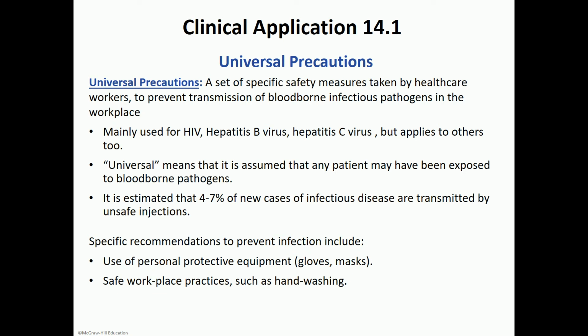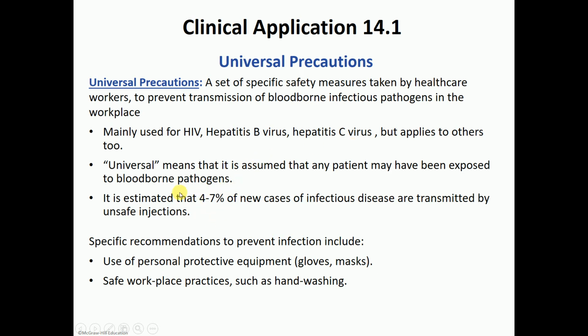Okay, so you are going to put these standards into place whether the patient is known to have an infection or not. So regardless of the patient you're dealing with, you're going to be using gloves. You're going to implement all of these recommendations. And it's mainly used to prevent the spread of HIV, hepatitis B, and hepatitis C. Okay, but obviously it applies to other infections as well.